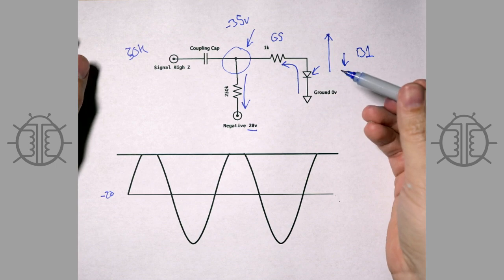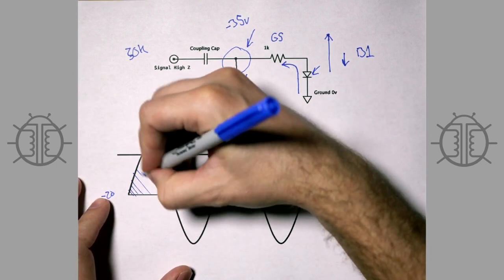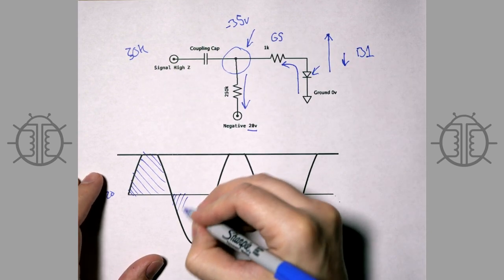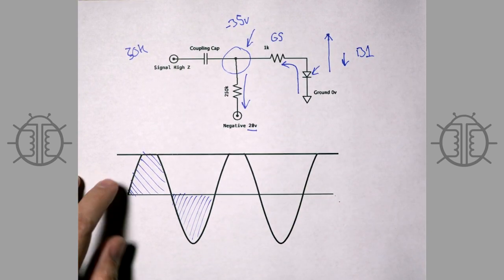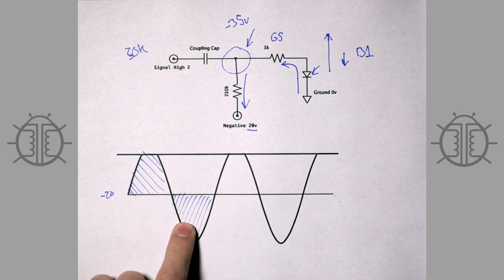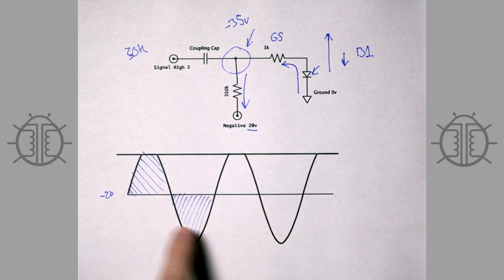But another way to think about this is an area. So you can see that we've got an area here, just like in the previous one, and that area is less than here. And so asymmetric clipping, you can see that it's becoming more negative each time it goes through.